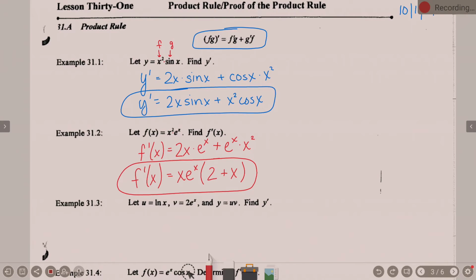Okay, example 3. Let u equal natural log of x, v equals 2e to the x, and y equals uv. Find y prime.